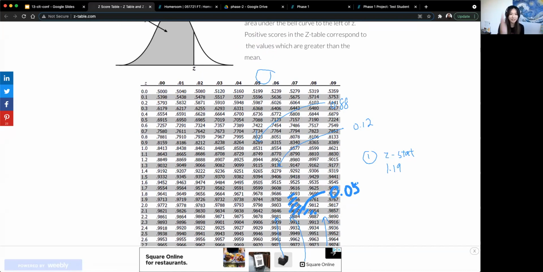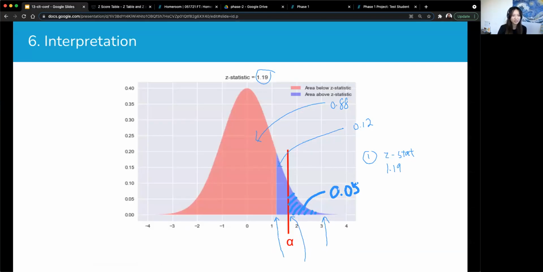So the associated z-score with a 0.05 alpha is 1.64. Going back to here, you have 1.19 and you want to compare that to 1.64. That's one way to do it.